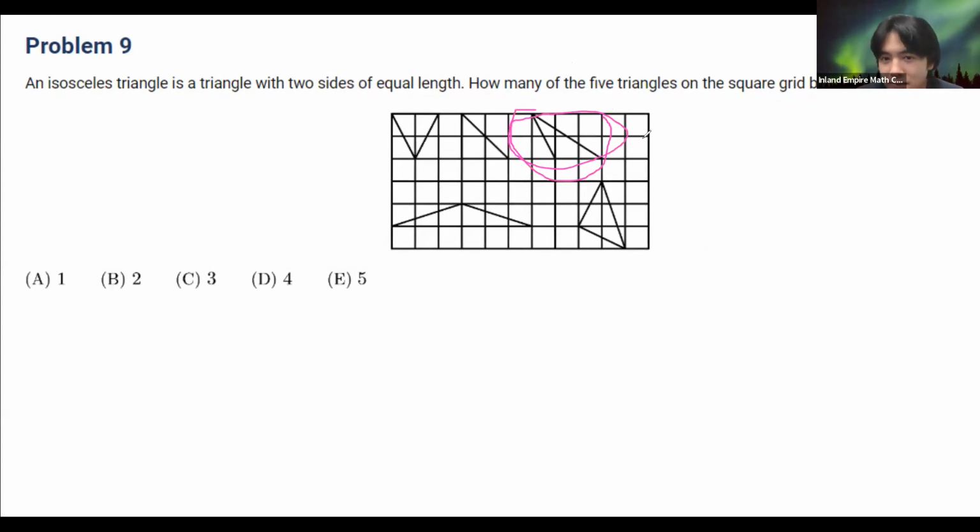You might think that these two sides are of the same length, but it's really not, because you want to actually calculate the side lengths, right? You can't just look at it because it's not drawn to scale.